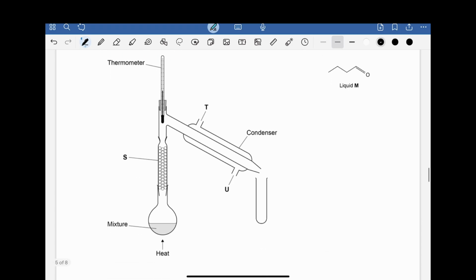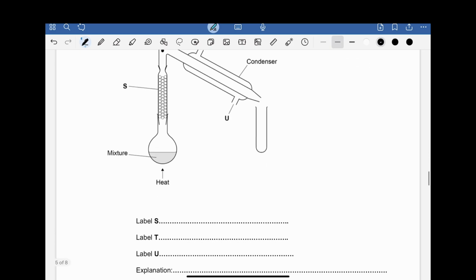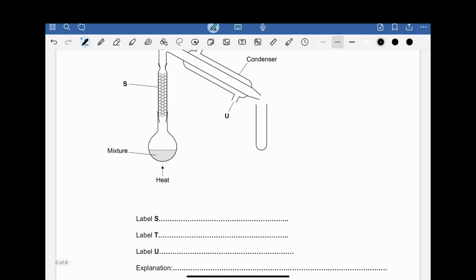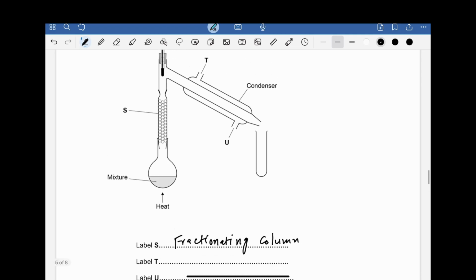So S is the fractionating column. T is where the water out and U is where water in.